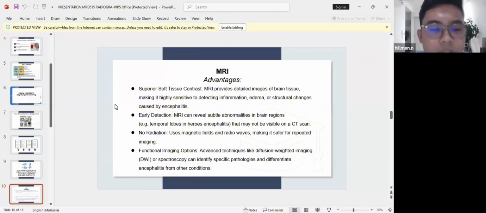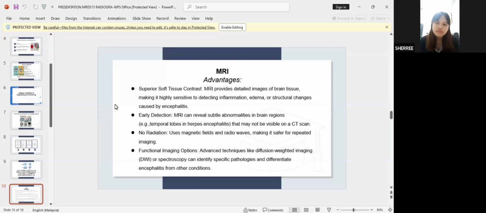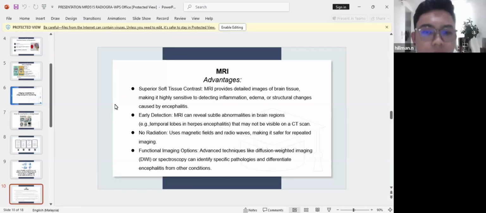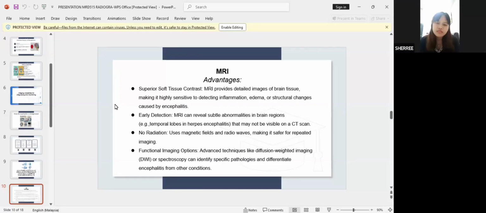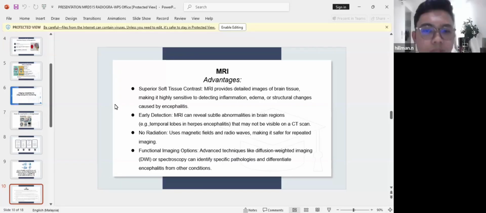In the early detection of encephalitis, MRI can reveal subtle abnormalities in brain regions, such as temporal lobes in herpes encephalitis, that may not be visible on a CT scan.